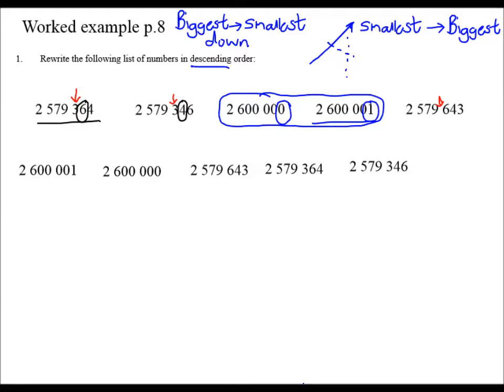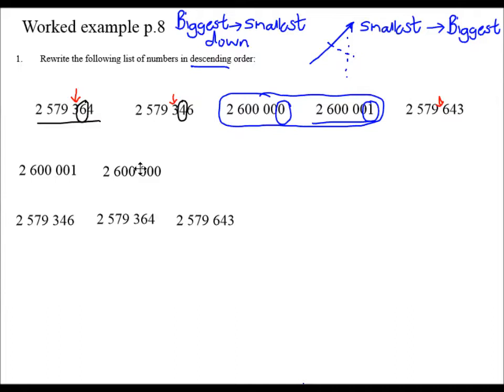If we had to arrange in ascending order, we would then just go from the smallest number and we would arrange them in that order. That would be ascending order from the smallest number to the biggest number.